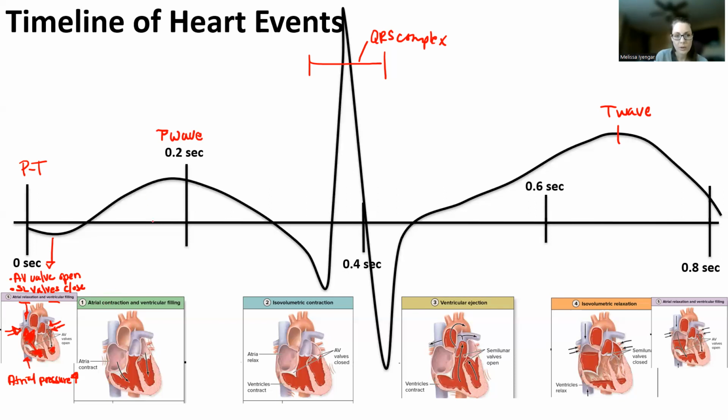So what we're going to remember is this is right around the P wave, so we have to remember the SA node depolarizes, right? And as the SA node depolarizes, we have atrial contraction. Because of atrial contraction, we have atrial pressure going way up.